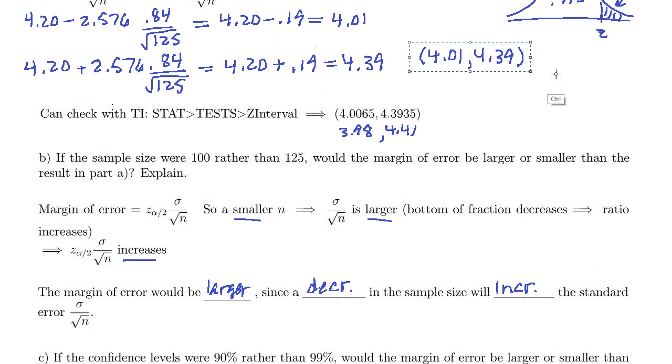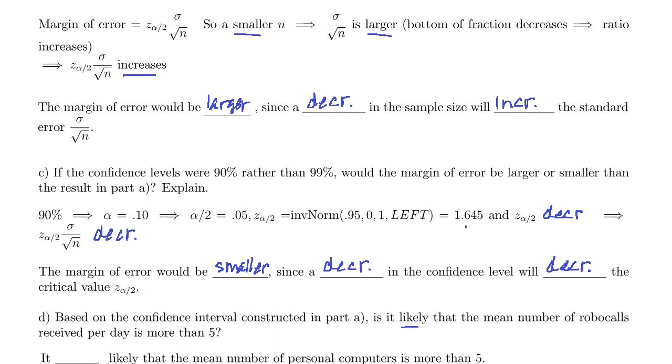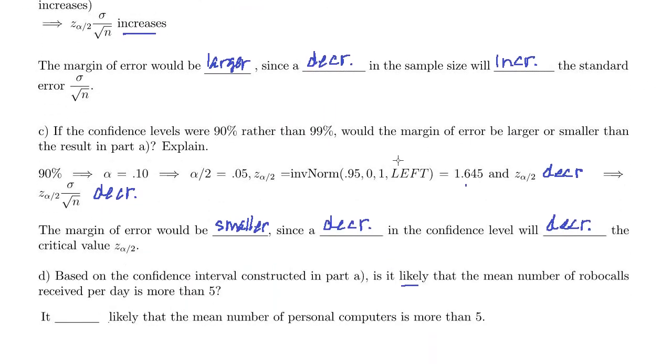So that means that 99% of samples are going to contain our population mean. And this is one of the 99% of samples. But notice that 5 is not in this interval. Okay, so 5 is not in that interval of 4.01 to 4.39.